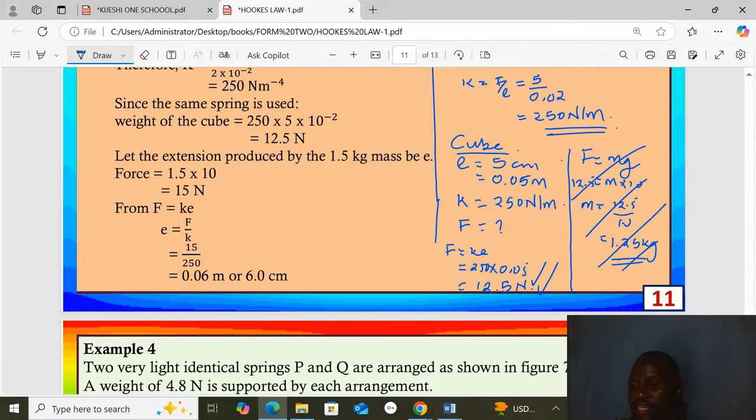So when you're having a 1.5 kg mass, this will be from mg, so that we arrive at 50 newtons. Then the spring constant, we still have it here. Then from the working and the calculations, we'll arrive at 0.06 meters.